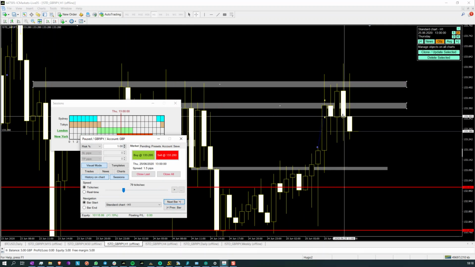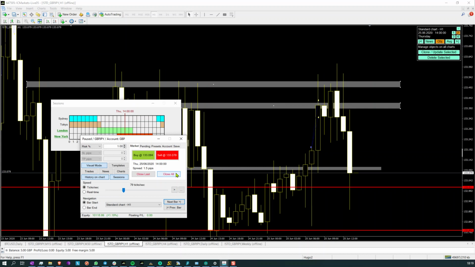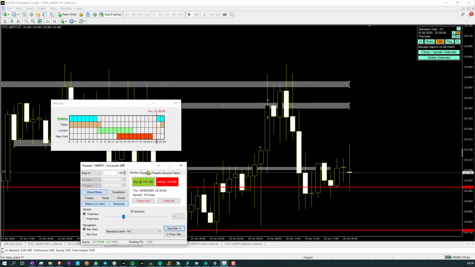Now it closed below the support zone. Yeah, now in the break of this low, this is a sure thing that is coming here. Boom, there you have it. But that's New York already, so okay, I'm going to move to London.